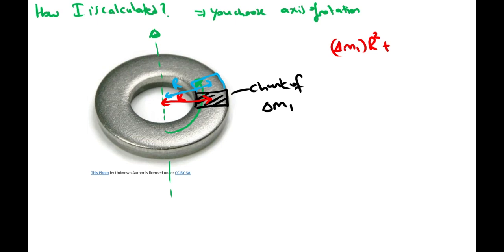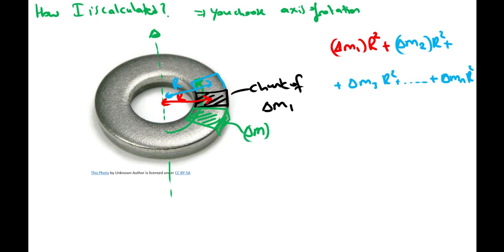Again, this is r, plus delta m2 r squared. Similarly, delta m3 r squared, and then plus delta mn r squared, where mn is the final mass. All of them are like this, three-dimensional. And this one has a radius of r.